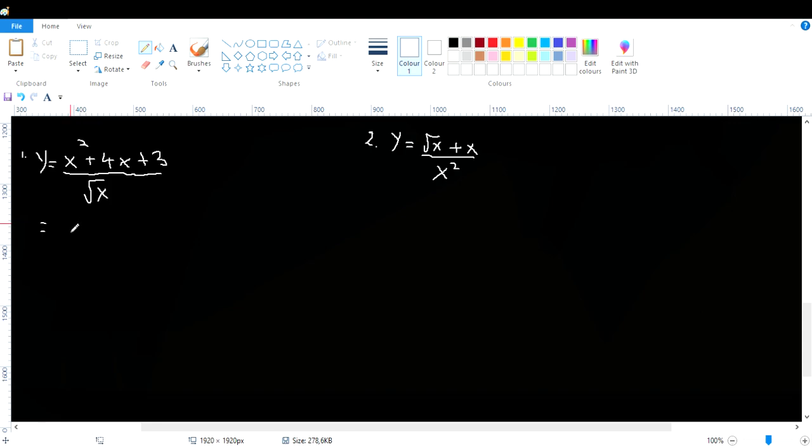Here we have x squared, over x to the power 1 over 2, plus 4x, over x to the power 1 over 2, plus 3, over x to the power 1 over 3.